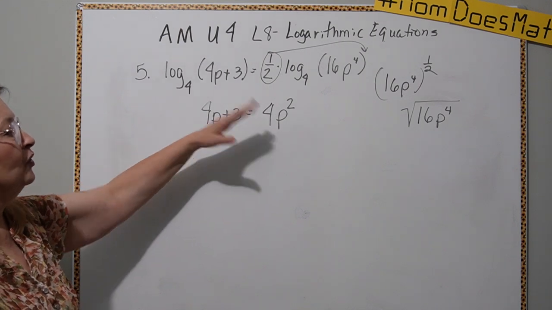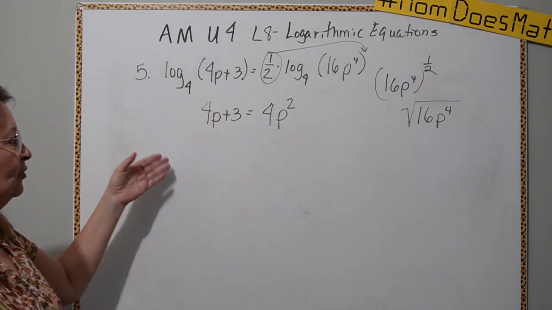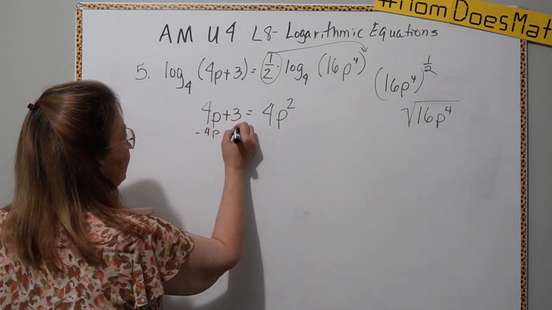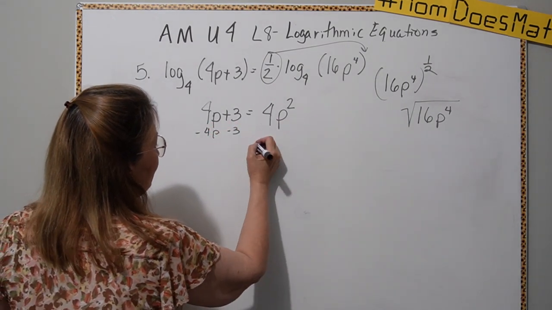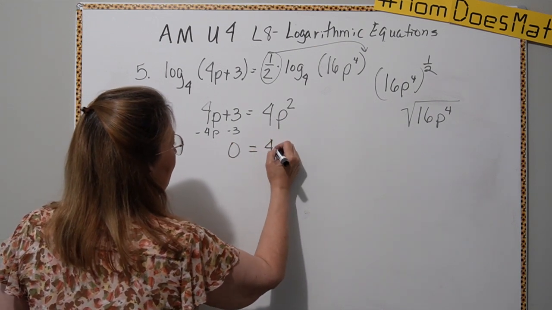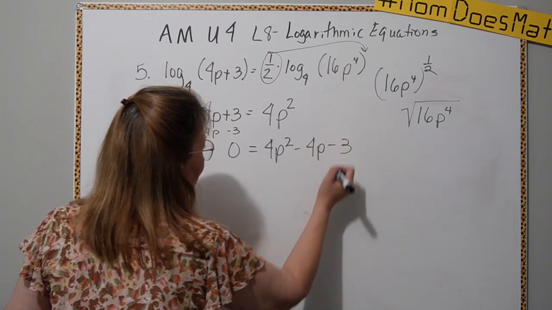So now we're here, we are ready to put this in standard form. It is quadratic, so when we put it in standard form, I'm just going to subtract 4p and 3 from both sides. That's going to move it, so I'm going to have 0 equals 4p to the 2nd minus 4p minus 3.